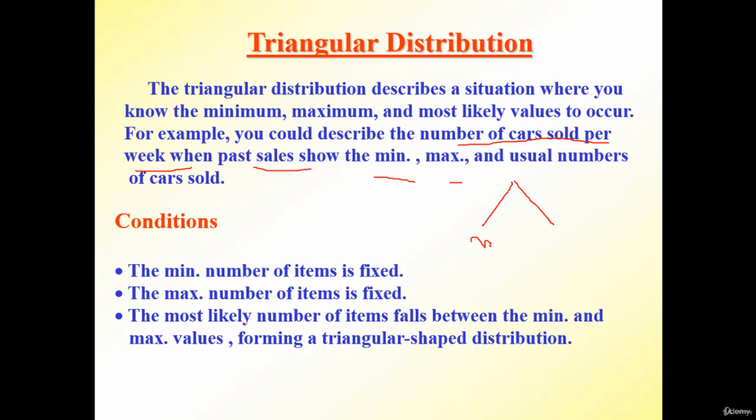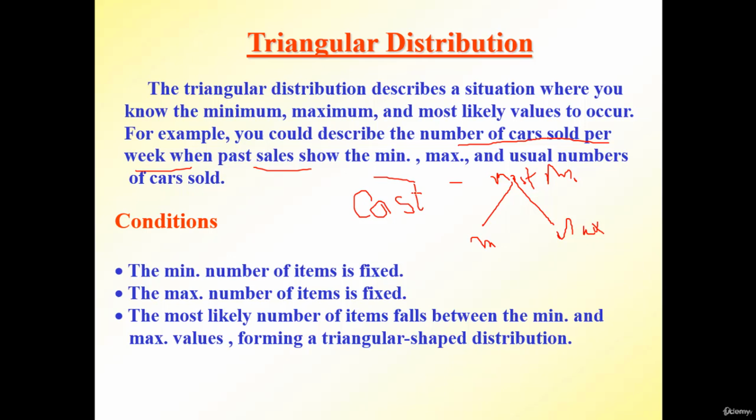We have minimum, maximum, and most likely, which is the mode, as you mentioned. So we can define it, and also for the cost itself, an estimation of the cost: the minimum cost, maximum cost, and the most likely, and so on. So it is used in case of uncertainty.